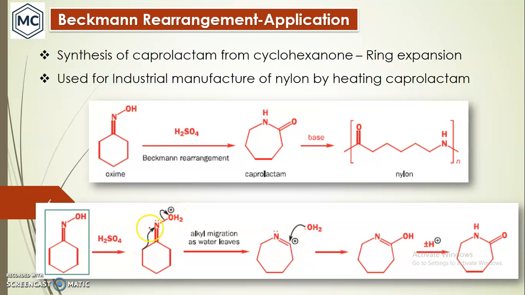The next step is the migration, alkyl migration, as water leaves, and it forms a cyclic structure like this, and this carbon migrates to this nitrogen, and C double bond N. You can see it here, and a ring expansion takes place, and this is the electrophilic center. Water attacks here, and it forms a hydroxy compound like this. Then it undergoes tautomerism to form caprolactam. It is shown here in each case.